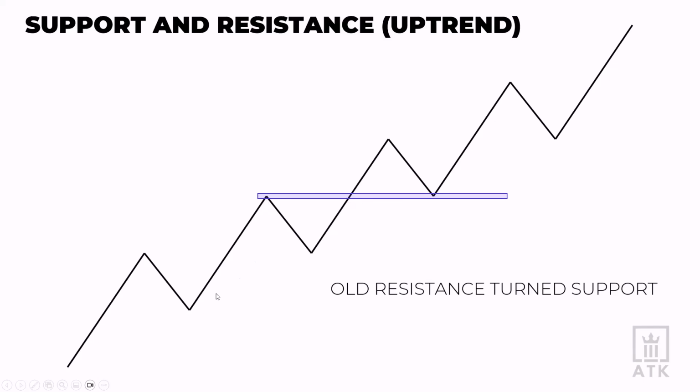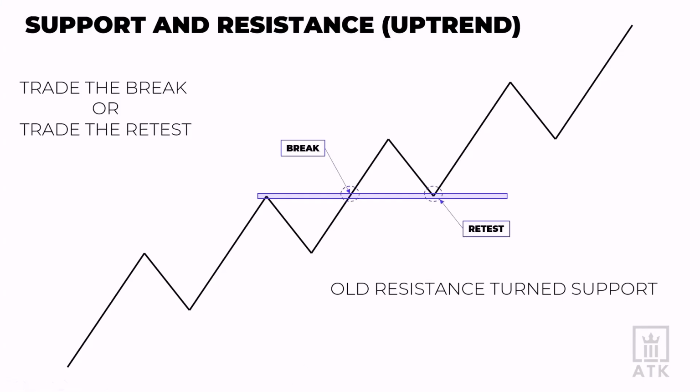That's big for us, because if we miss this move, we can wait for this old resistance level to be tested and get back in on the move. So it breaks that old resistance, comes back, retests it. That's old resistance turned new support. We can enter here and keep going up. That's called a break and retest of structure. We want to trade either the break or the retest.